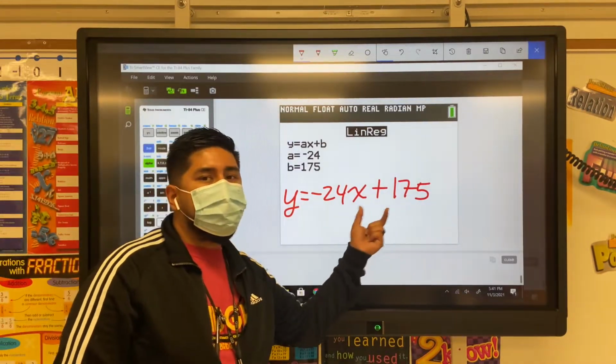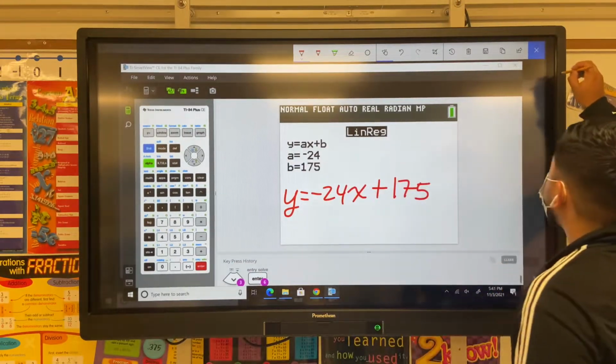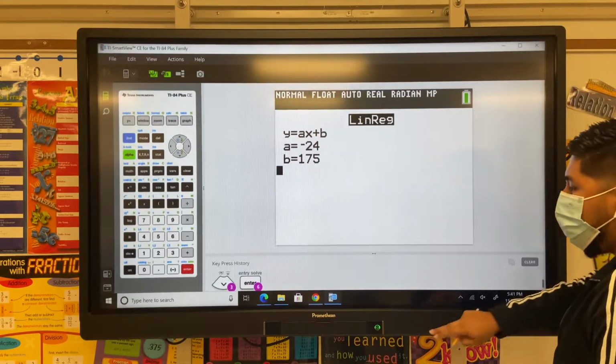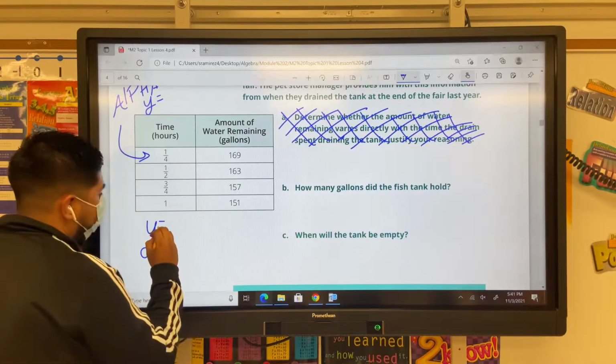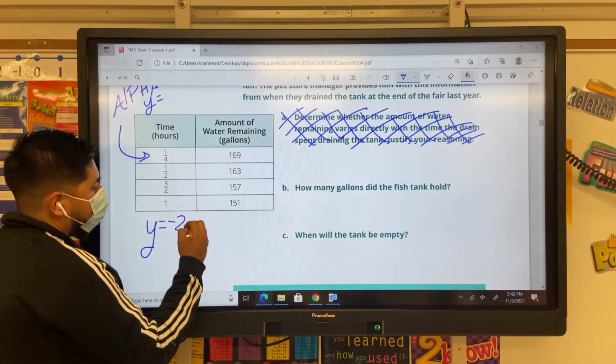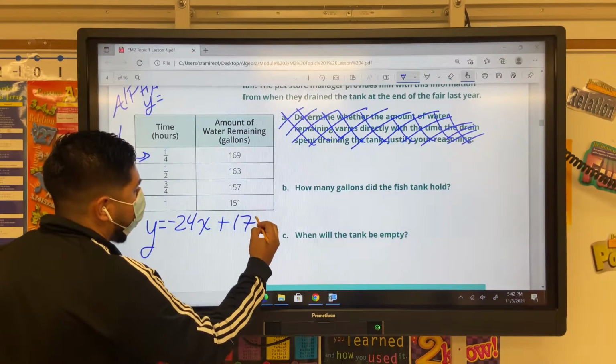Slope, y-intercept. Slope, y-intercept. Y equals -24x plus 175.